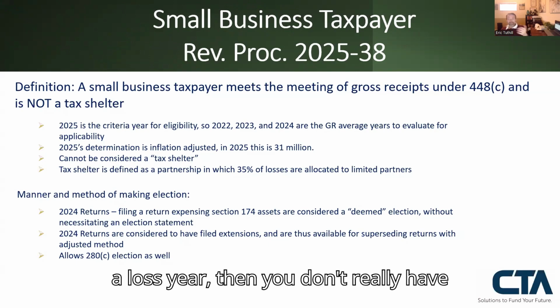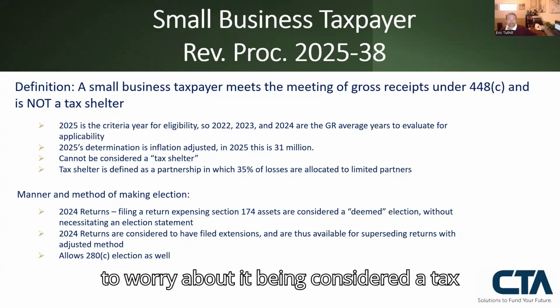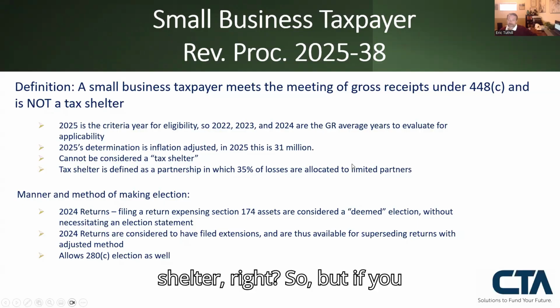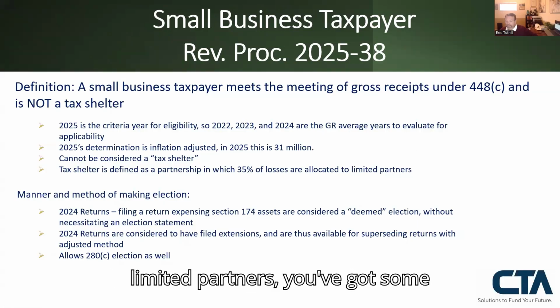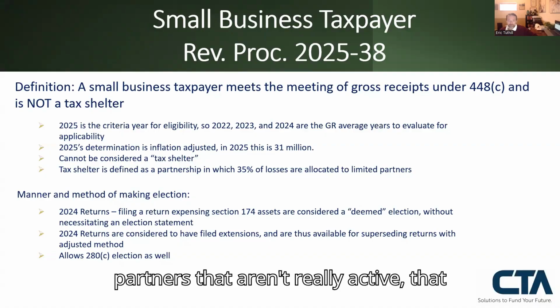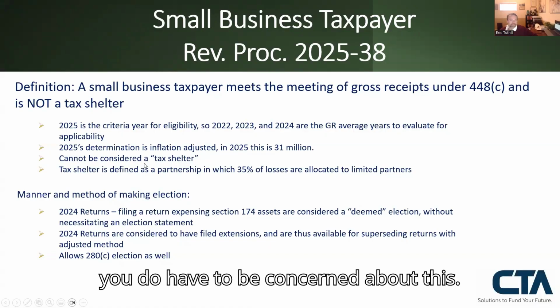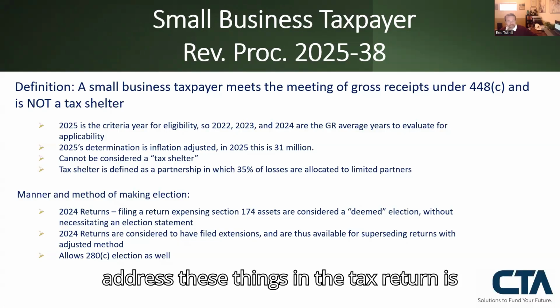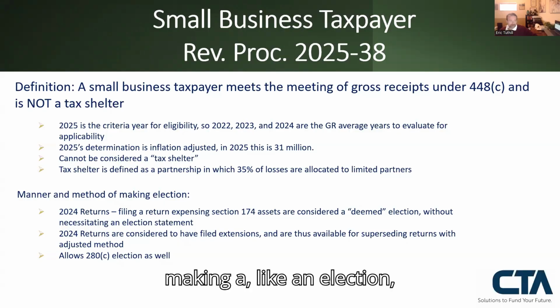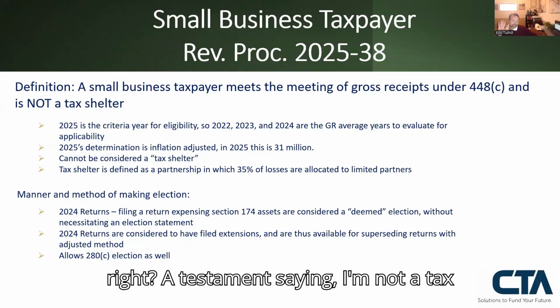If you didn't have a loss year, then you don't really have to worry about it being considered a tax shelter, right? But if you did have a loss year and you've got some limited partners, some partners that aren't really active, then you do have to be concerned about this. And part of what you are doing when you address these things in the tax return is making an election, right? A statement saying, I'm not a tax shelter.